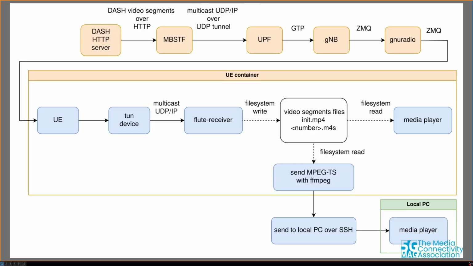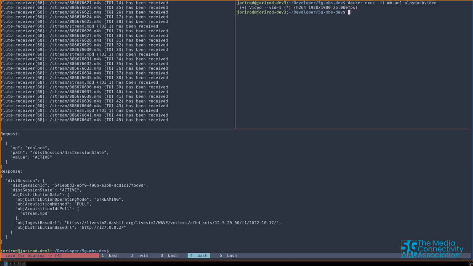Okay, now instead of playing it in the terminal, I'm going to forward the video to my local PC. So first we need to get it out of the container, and then I will forward it over SSH to my local PC to play the video.